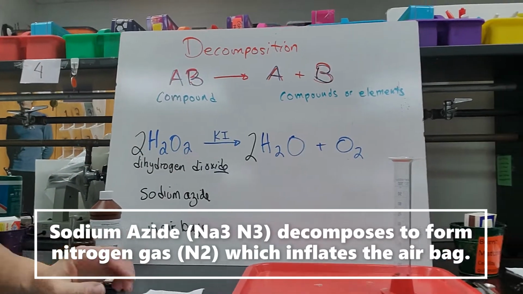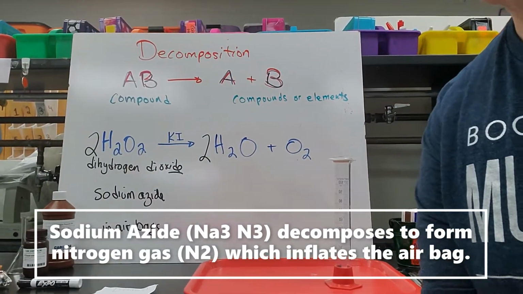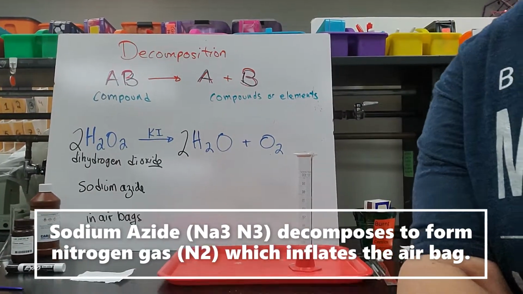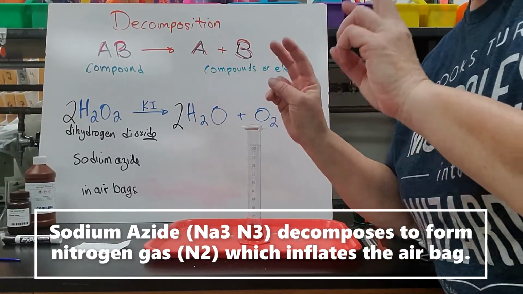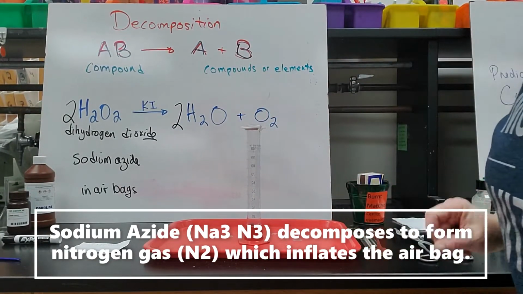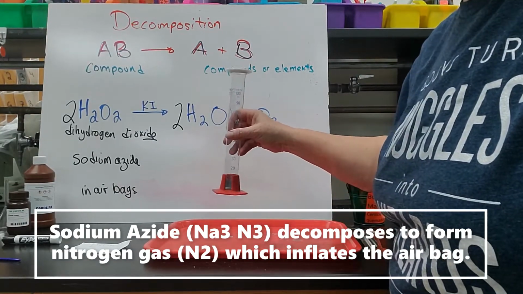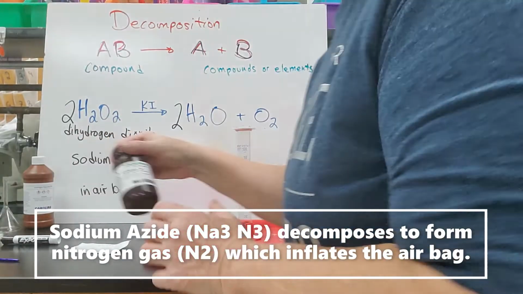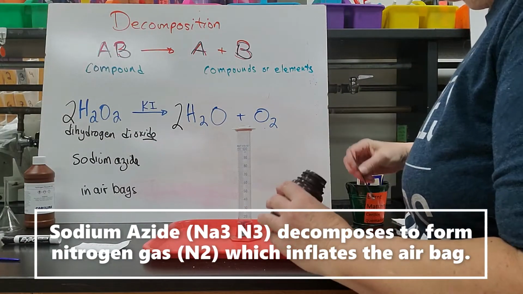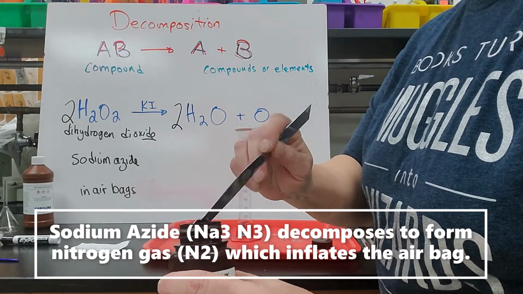Now this reaction, you probably have seen it if you were at my Halloween show. I was doing the monster toothpaste, Frankenstein's toothpaste. What I have in the bottom of this graduated cylinder is some potassium iodide, which is kind of a white crystal.